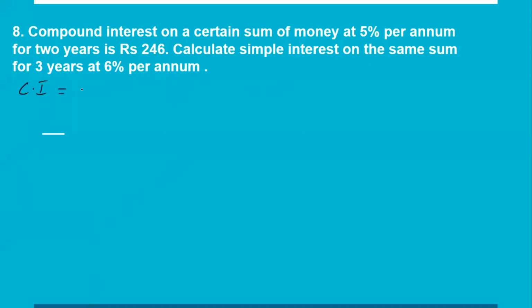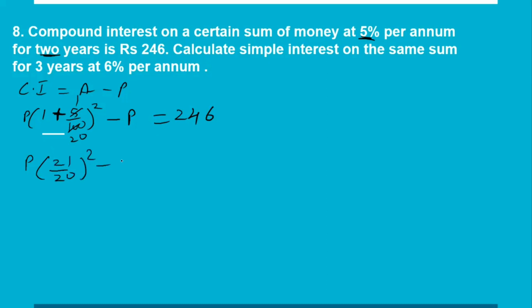Compound interest is equal to A minus P, where A is P in bracket 1 plus R. The rate for compound interest is 5% per annum, so 5 upon 100 raised to N, which is 2 years, minus P, which is given as 246. When I simplify this, you get P in bracket 21 upon 20 squared minus P is equal to 246.